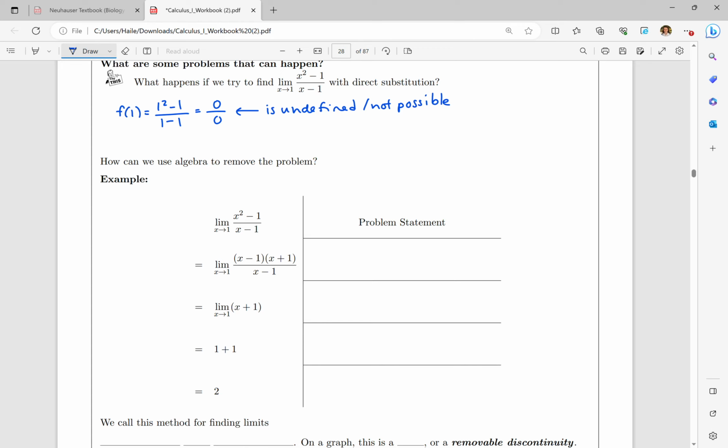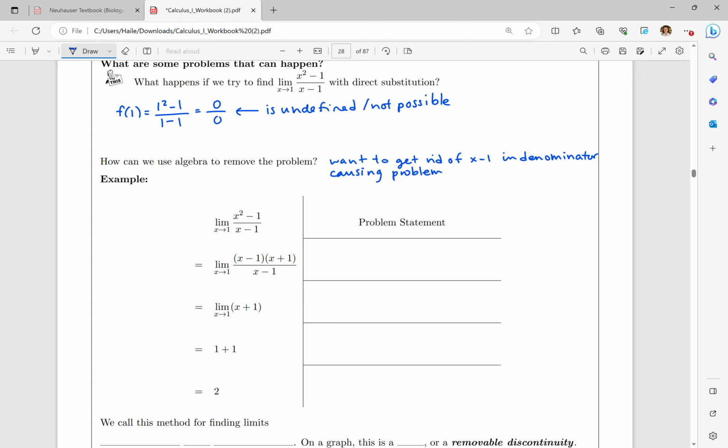So if we can somehow get rid of the x minus 1 in the denominator causing the problem. So that's kind of the name of the game with limits. So like you find a problem with an easier method, and then you say, okay, how can I use algebra to remove this problem so that I can actually get an answer?